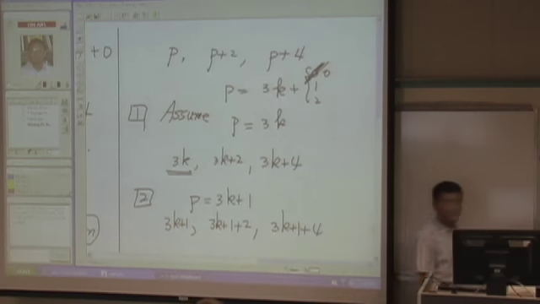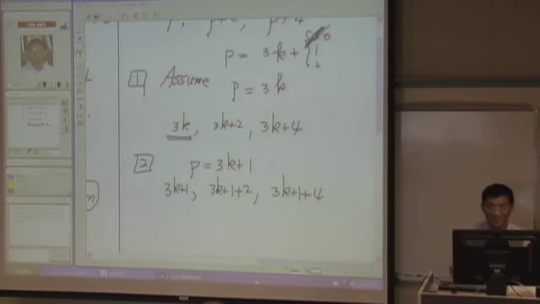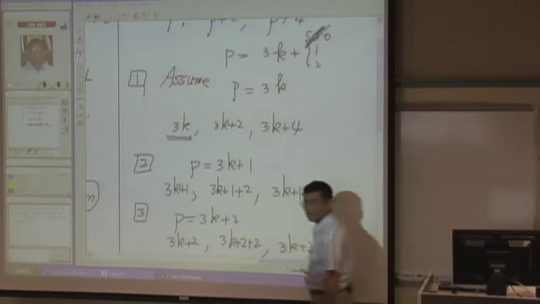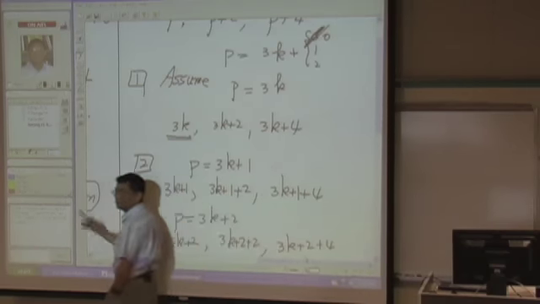Finally, assume that p is 3k plus 2. Then 3k plus 2, 3k plus 2 plus 2, 3k plus 2 plus 4. Do you get it? This number is divisible by 3. So you finish the proof.